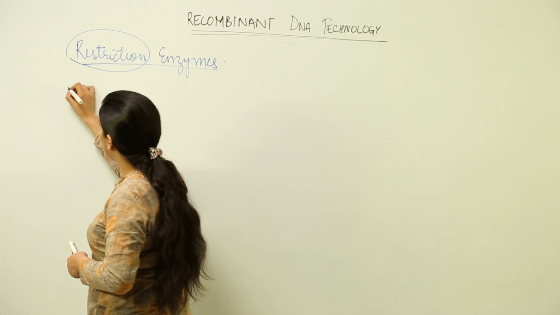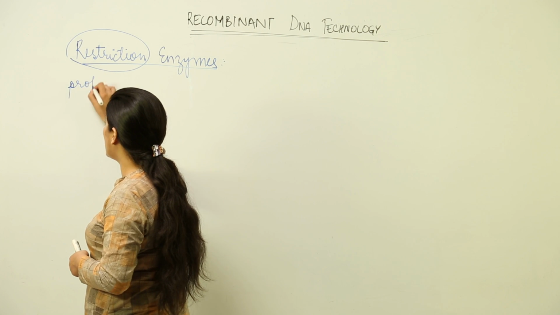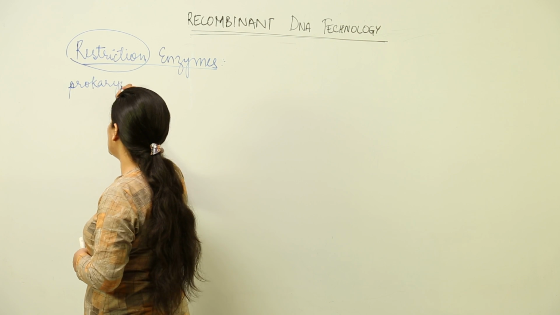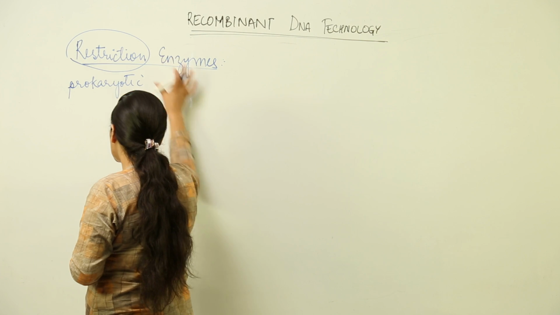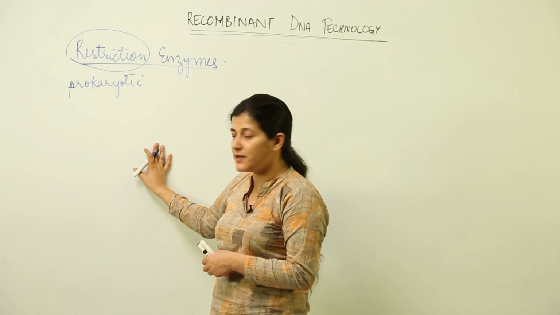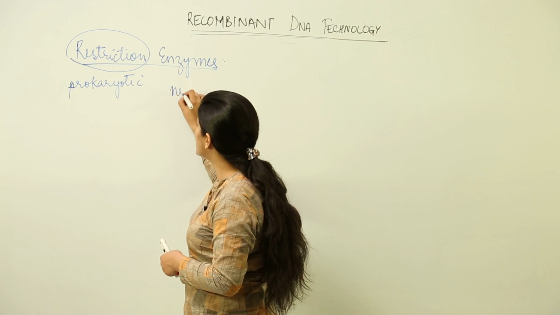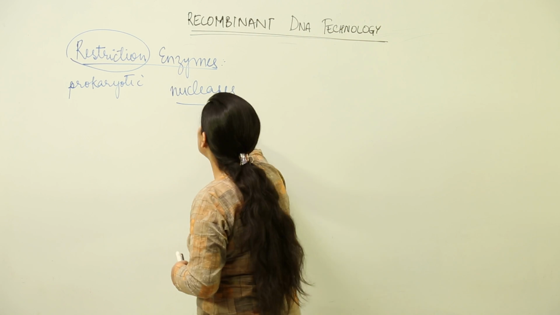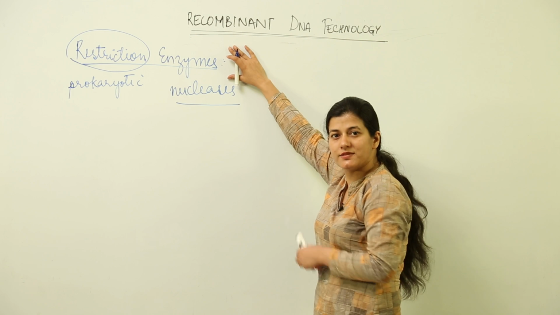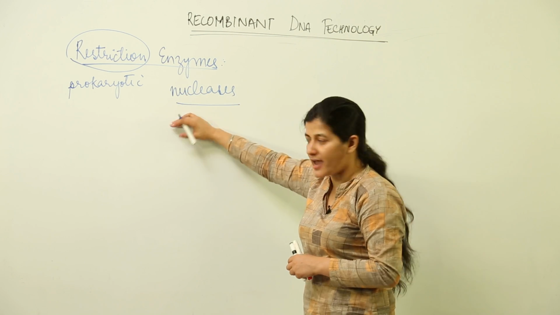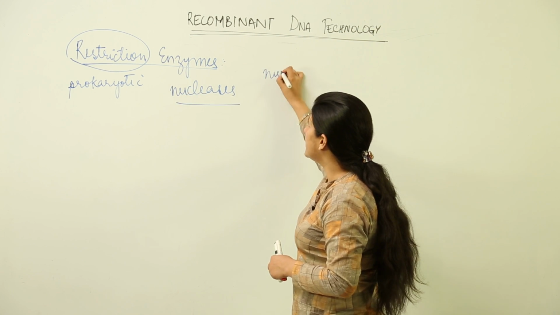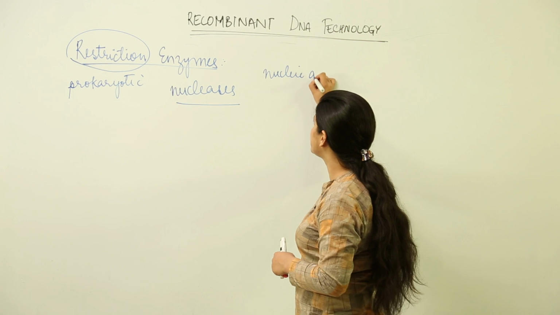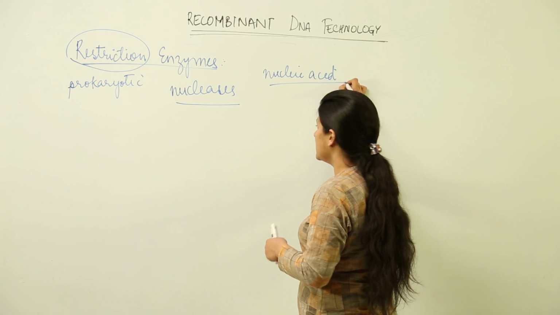Now whose restriction, who is putting the restriction onto what? You have to remember that prokaryotic cells, or otherwise called bacteria, have this special class of enzymes which are nothing but nucleases. So first thing to be remembered is that these restriction enzymes are those enzymes which cut nucleic acids, or you can say nucleotides.